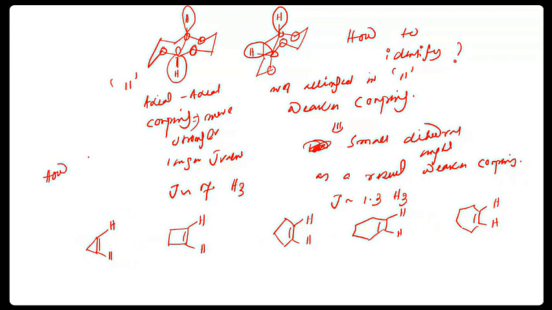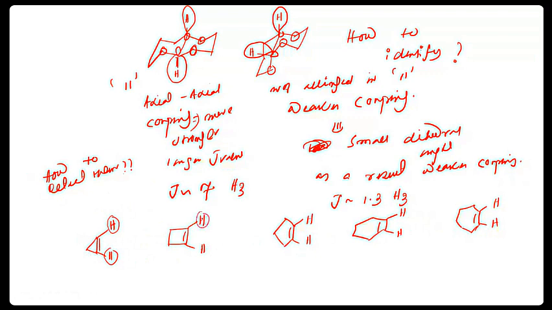Very interesting. Because here the dihedral angle is the same. They are projected on the same page of the paper. Then how? The answer is look here. These two hydrogens, because of this kind of ring state, are projected quite far apart.